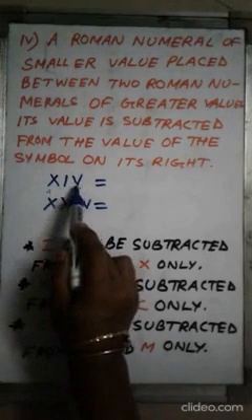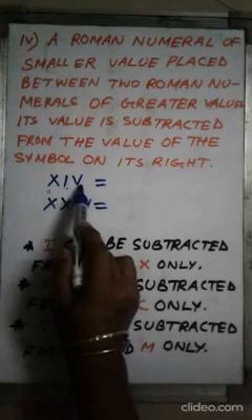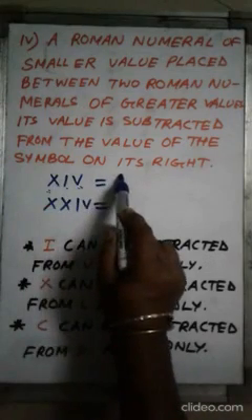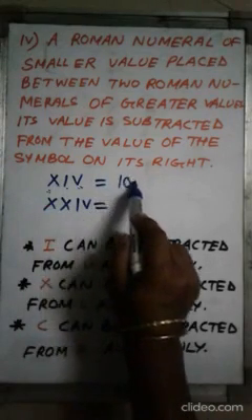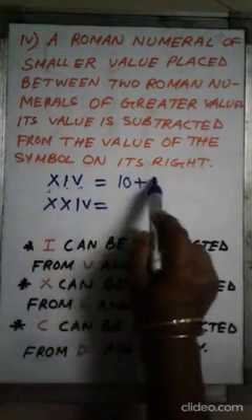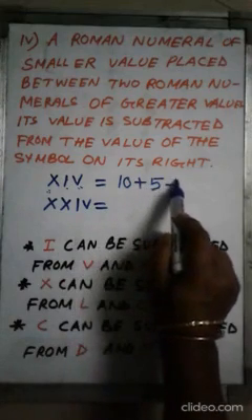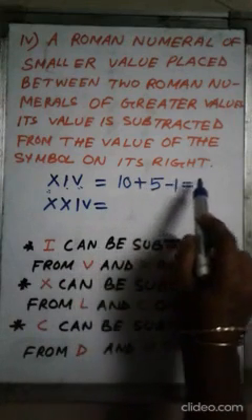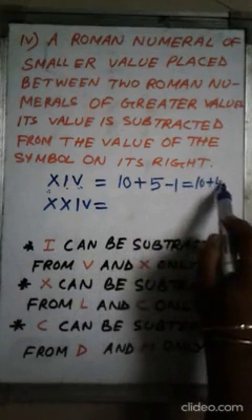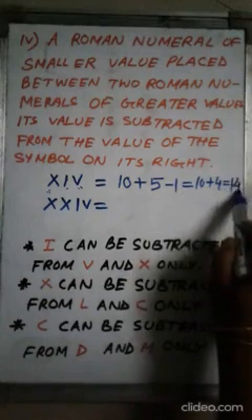We have to subtract this value from this and add to this. That means X is 10 plus, from this value we have to subtract this. So 5 minus 1, which is equal to 10 plus 4 equal to 14.